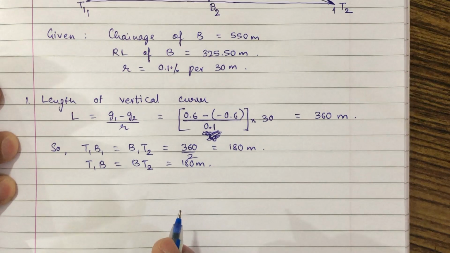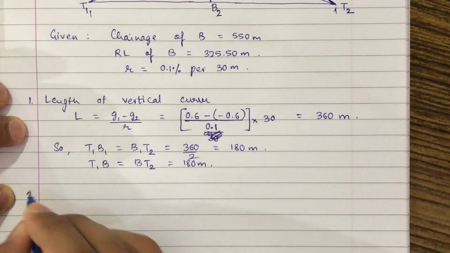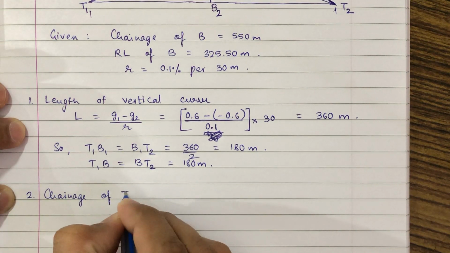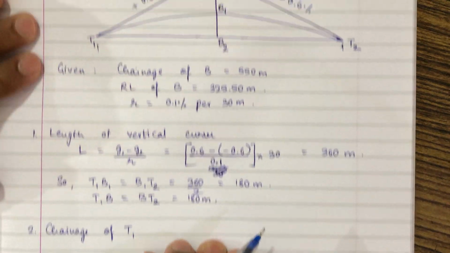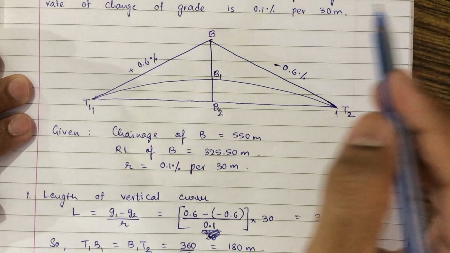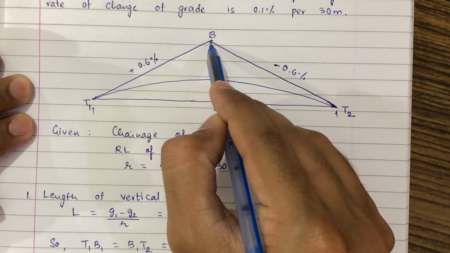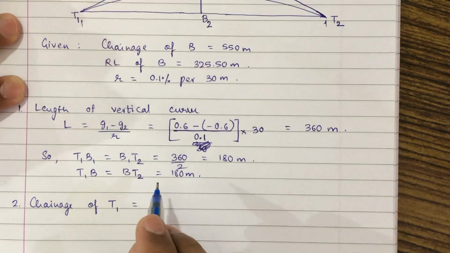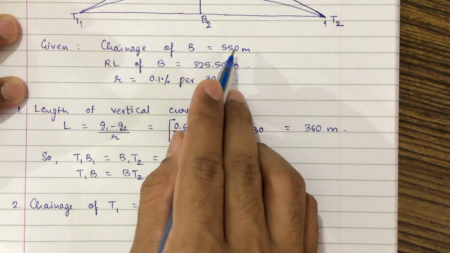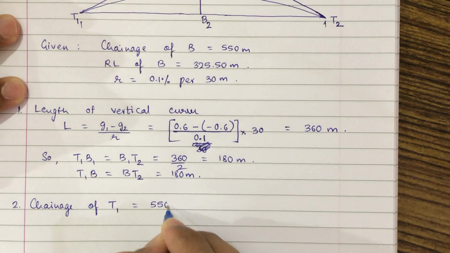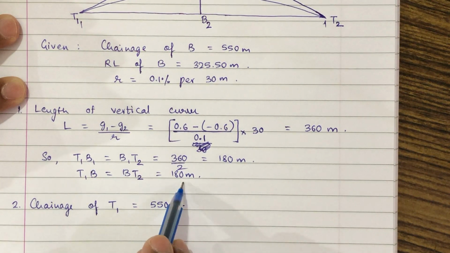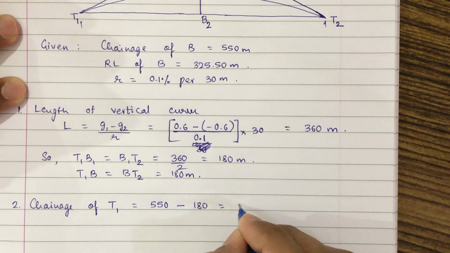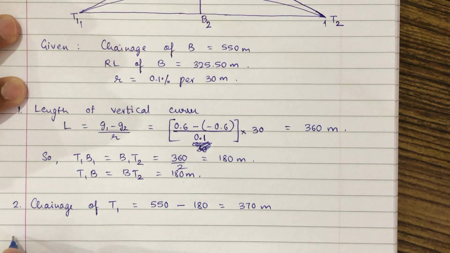Now after this, we need to find the chainage of T1. Chainage of T1 will be chainage of B minus length BT1. So chainage of B is given as 550 meters minus BT1 is 180 meters. So this value comes out to 370 meters.